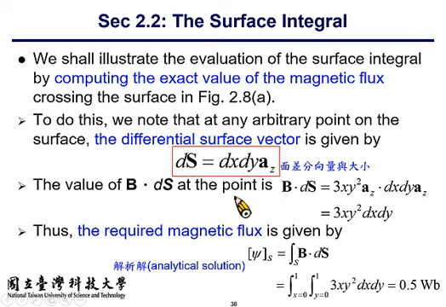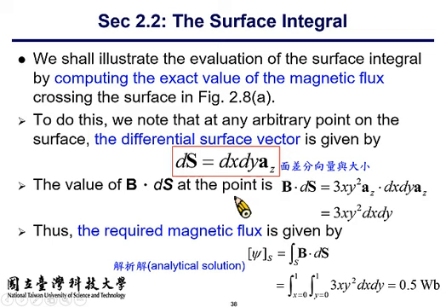In this case, it performs line integration along the y direction first, as the limits suggest. We integrate from y equals 0 to 1, and then integrate from x equals 0 to 1. By doing this, which shouldn't be difficult for you, the result is 0.5 Wb.